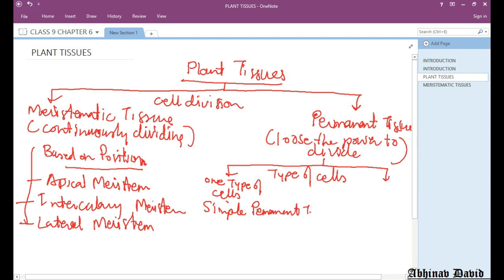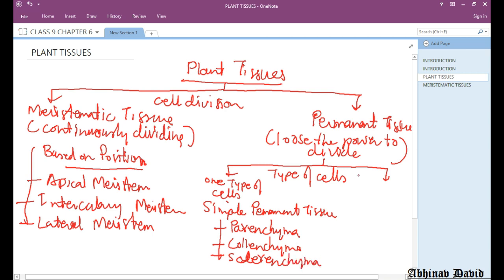Now simple permanent tissues are again divided into three categories based on their structure and function. They are divided into parenchyma, collenchyma, and sclerenchyma.